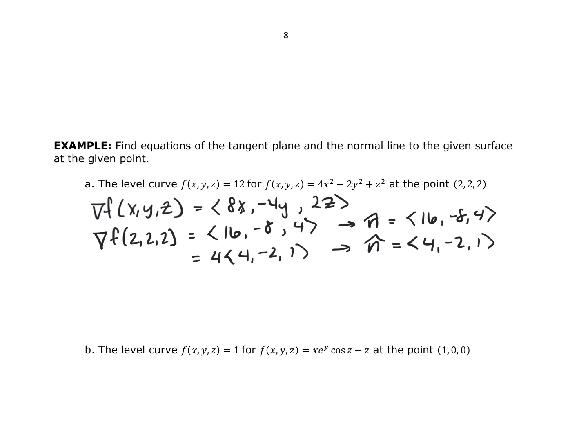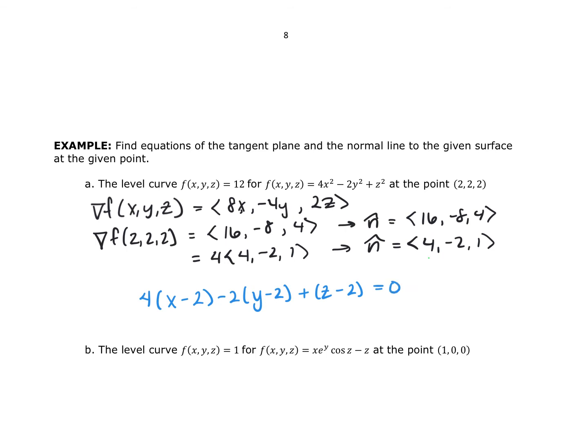Now, if we recall from our last section, 4.5, our tangent equation is going to be our partials in each direction. So my partials in each direction: 4, times x minus my x naught, which happens to be 2, then minus 2, times y minus my y naught, which is 2, and then plus 1, times z minus z naught, which is 2, and this equals 0.